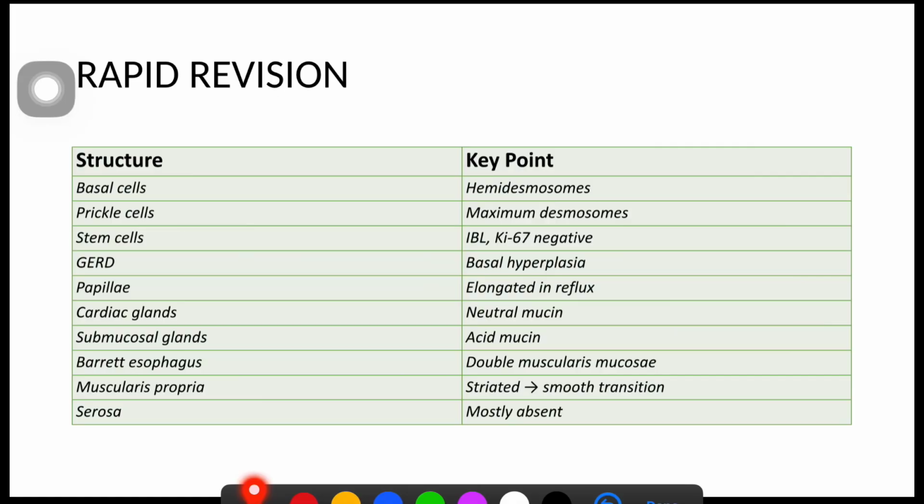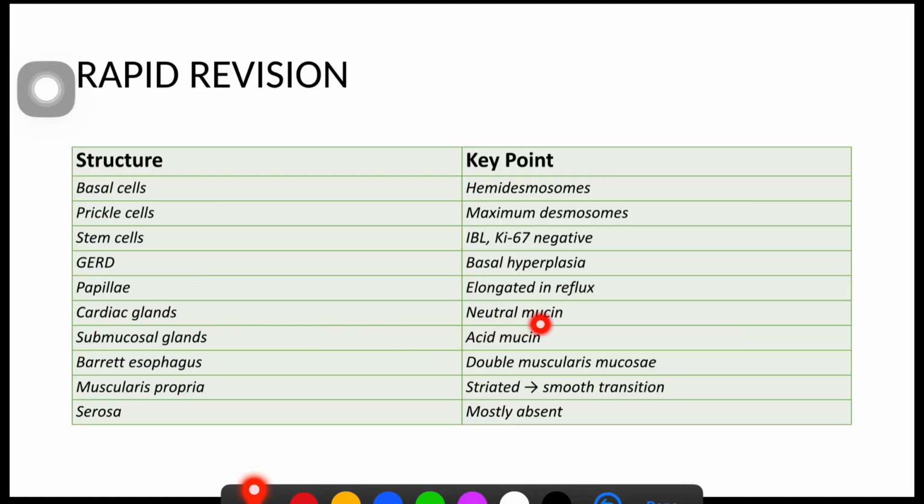So, rapid revision: if we see basal cells, the key point is hemidesmosome; precursor cells have maximum desmosomes; stem cells are in the interbasal layer, Ki67 negative cells. Gastroesophageal reflux disease shows basal hyperplasia, and papillae are elongated, reaching up into the upper one third of the epithelium in reflux.